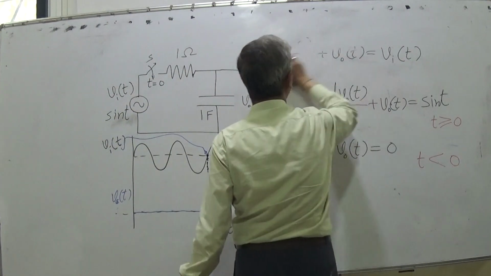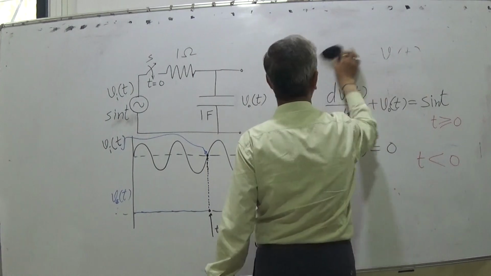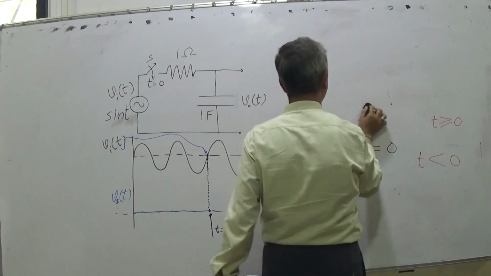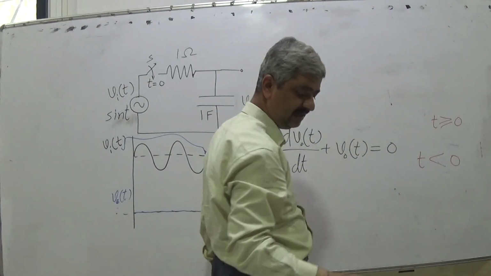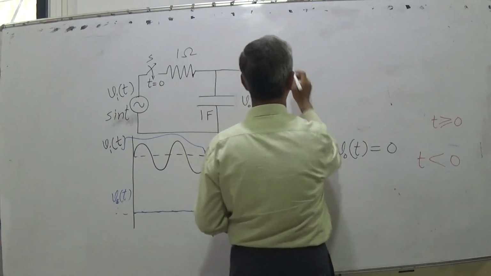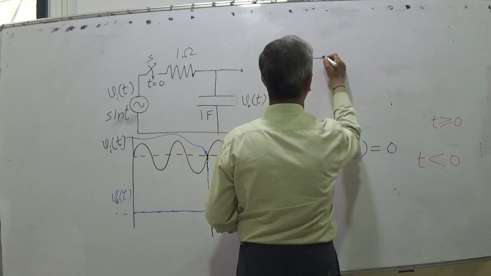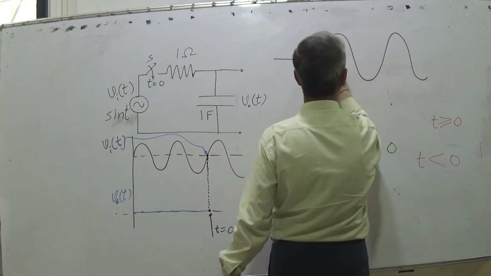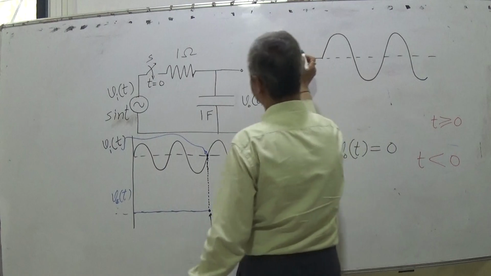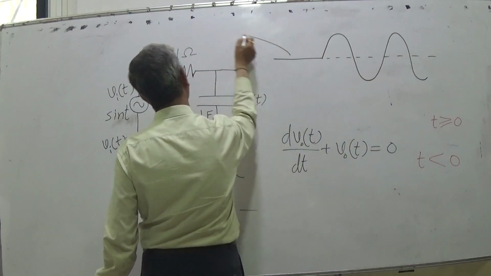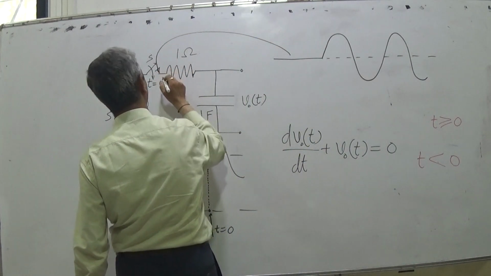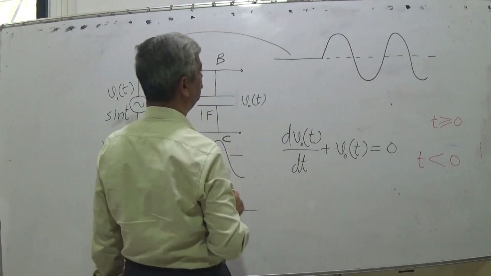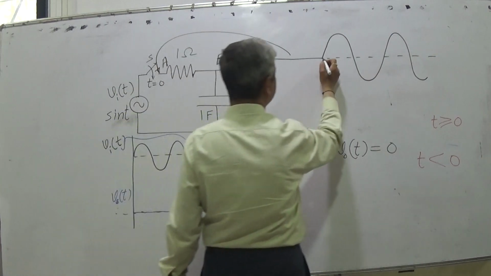So Vin(t) which I apply, I can say it to be like this, and this is something which I apply at this point A, this point B, and this point C. And this is t equal to 0.